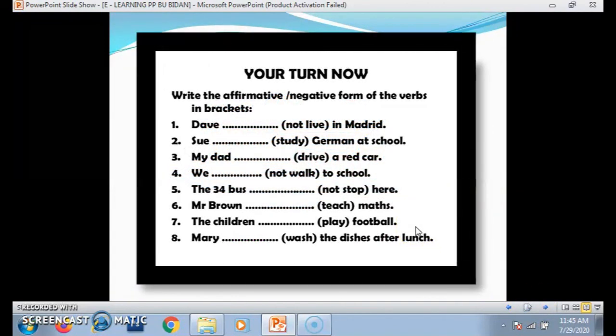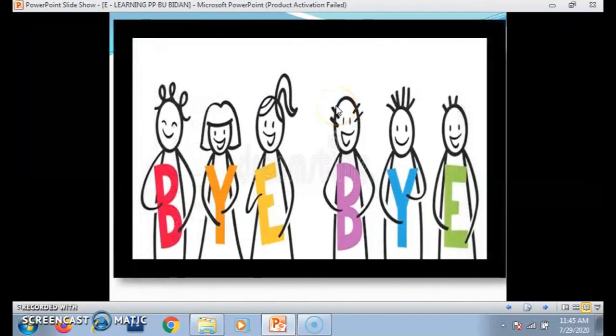To improve your grammar in simple present tense and also your vocabulary, I have some exercises to help you understand the grammar and the vocabulary better, and let's practice it and do it by yourself. You can find some difference between the auxiliary verb do and does, and you can find the difference in how to write affirmative and negative forms in simple present tense. Okay? Hopefully you can catch all the subjects that I have explained to you.